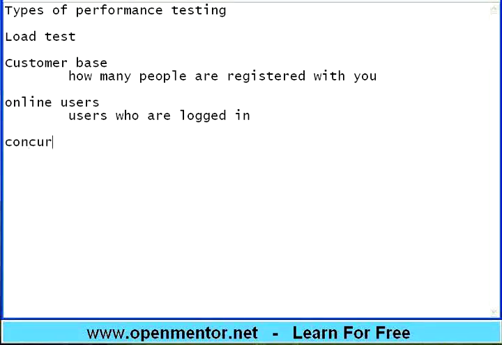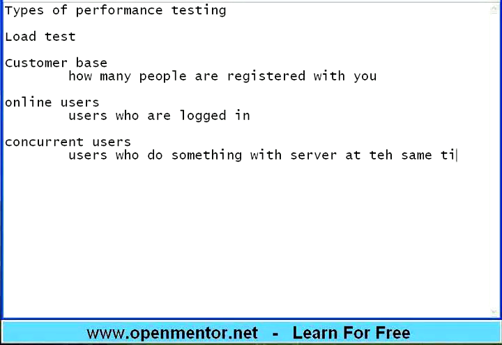Then there is something called concurrent users. Concurrent users meaning users who do something with the server at the same time. That means two users simultaneously sending emails, two or more people doing a voice chat in Skype at the same time.